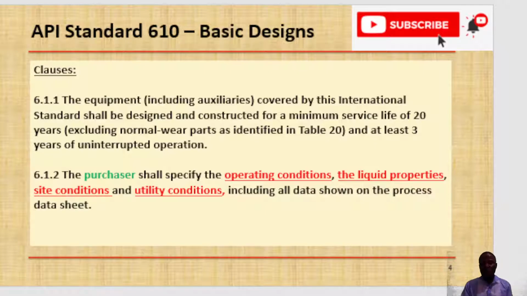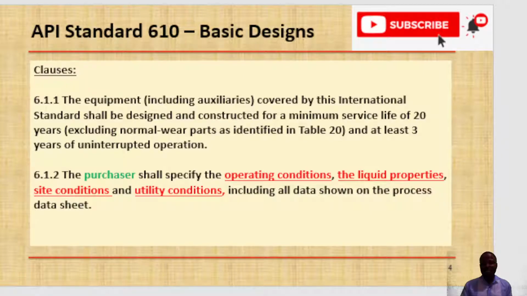Number one thing that I want you to understand is that as per API 610, in one of the clauses, it says the equipment covered by this international standard, that is the centrifugal pump covered by this API 610, shall be designed and constructed for a minimum service life of 20 years.